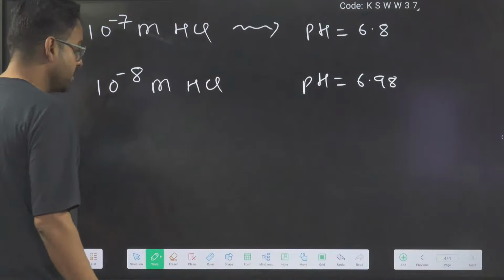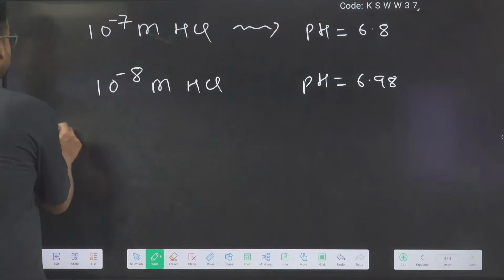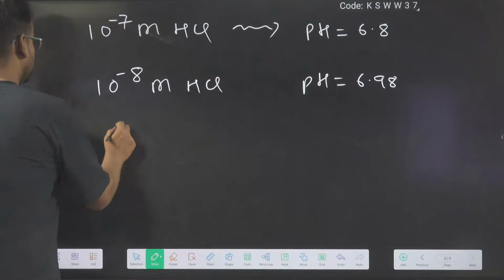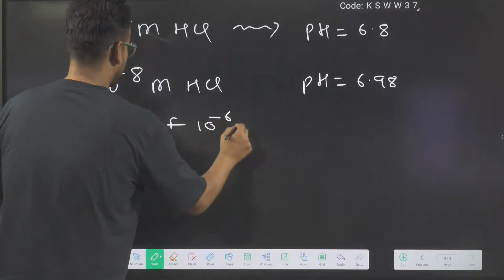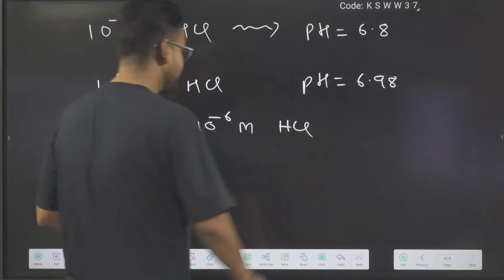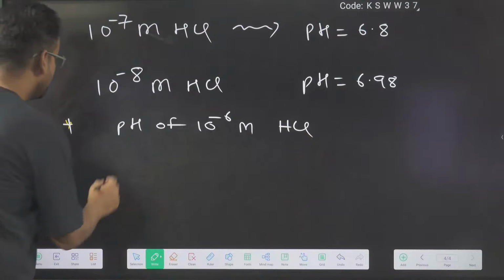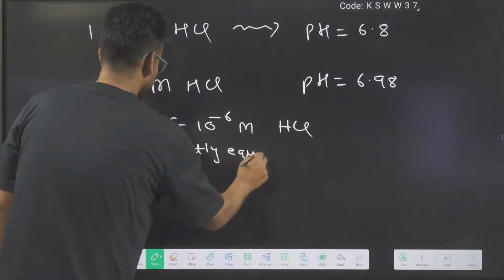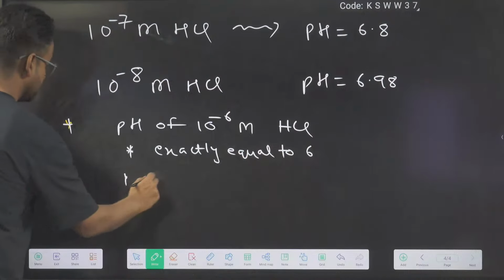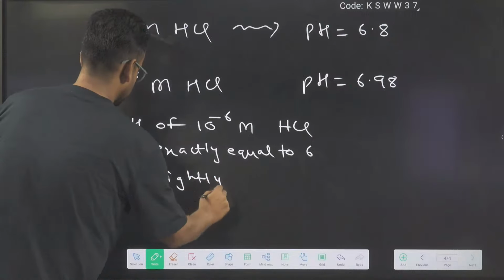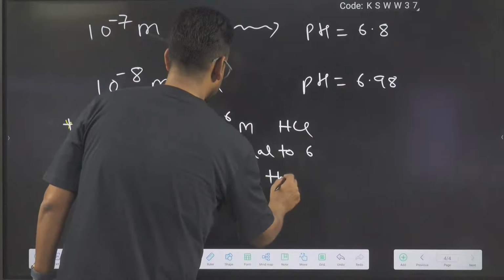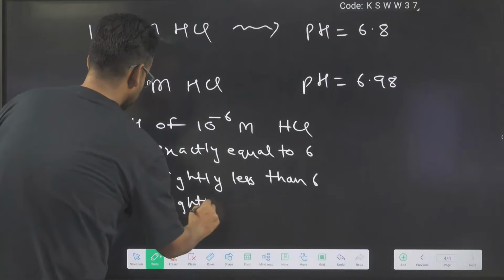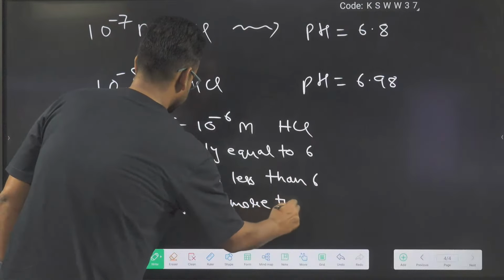One more question towards which I would want to draw your attention is, suppose somebody asks you the pH of 10 to the power minus 6 molar HCl, and the options given are: exactly equal to 6, slightly less than 6, slightly more than 6.